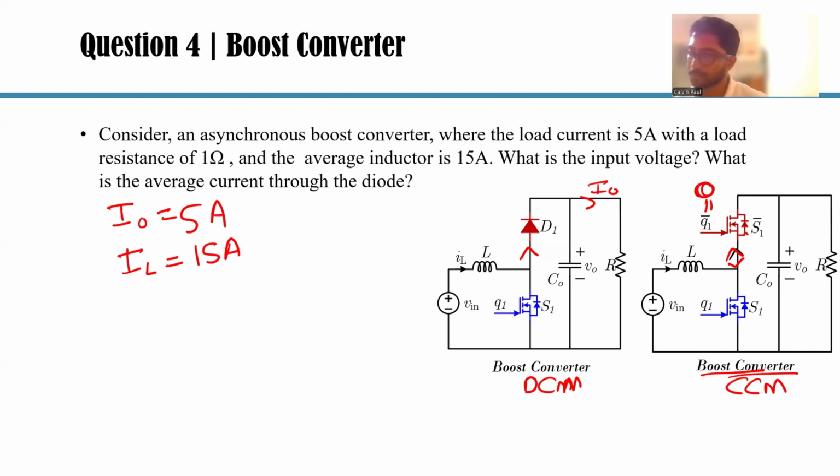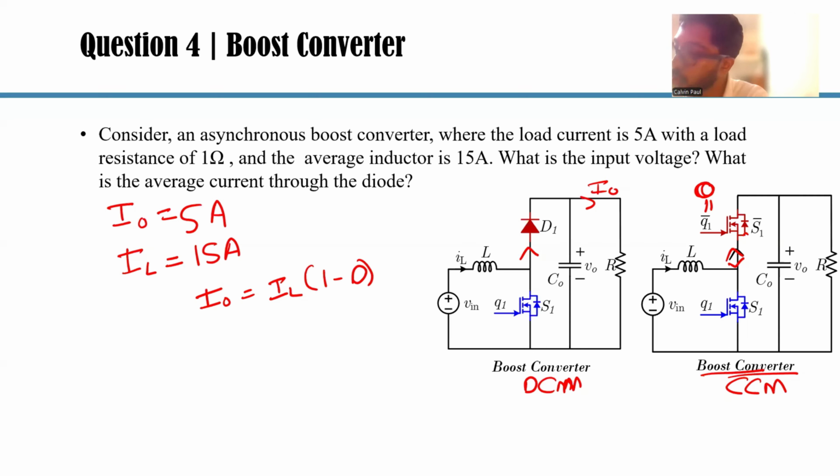Now, what is the mathematical expression between IL and I output? IL into 1 minus D equal to I0. So I0 is equal to IL into 1 minus D, right?